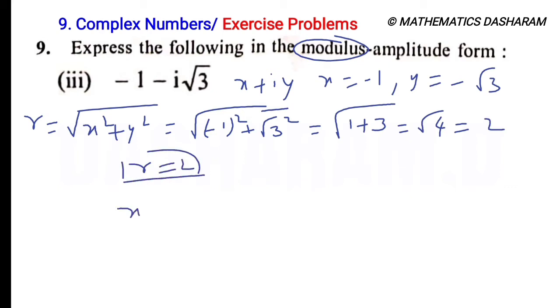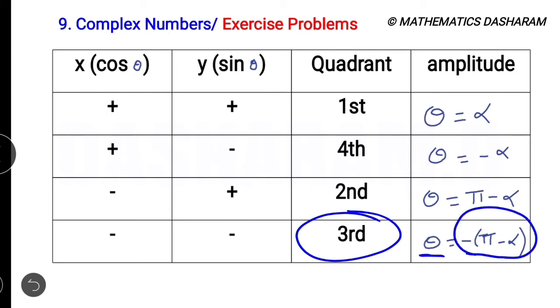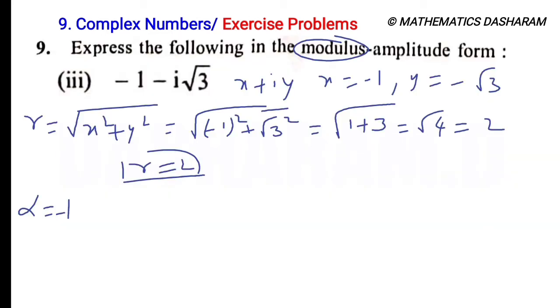And here x value is negative, y value is also negative, so the point x comma y lies in the third quadrant. So then the amplitude, that is theta, equals minus bracket of pi minus alpha. So what is the meaning of alpha? Let's find out alpha here. So alpha equals tan inverse of y by x.